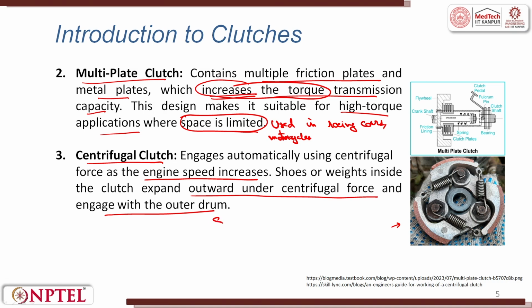These are used in scooters. If you have got your scooter or moped serviced, you might have observed this kind of clutch system there, or maybe in go-karts, lawn mowers, where automatic engagement is necessary.